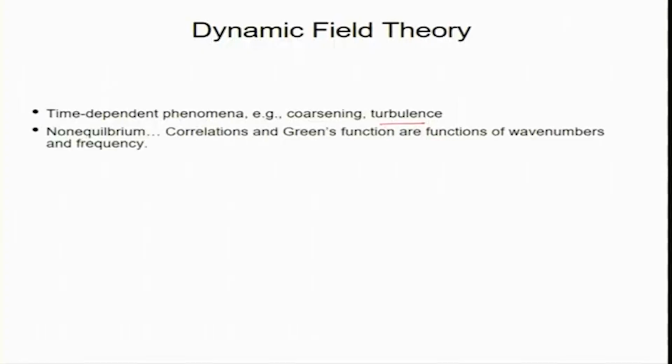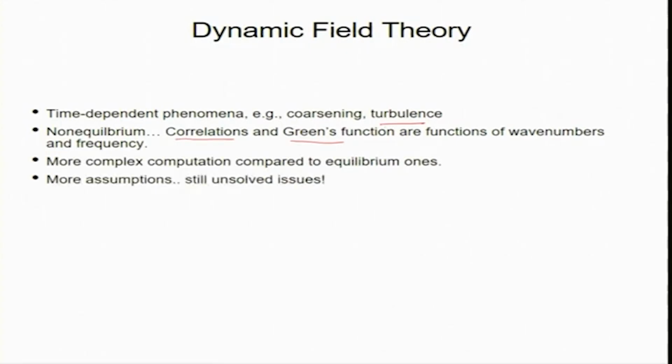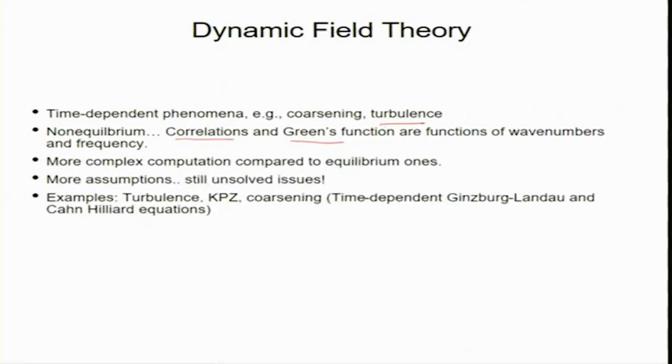Okay. So, in equilibrium, I am going to show you that Green's function, which is a very important object for field theory, and correlation function, they are equal, but in non-equilibrium field theory they are not equal, and it is a more complex computation compared to equilibrium ones, with many assumptions and still unsolved issues.